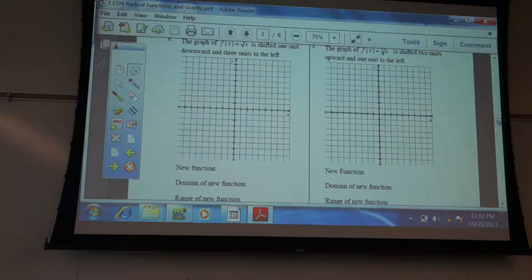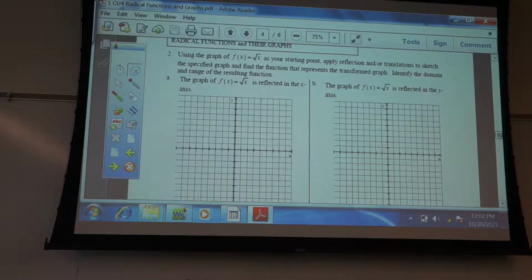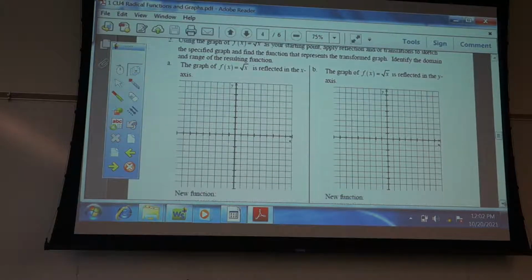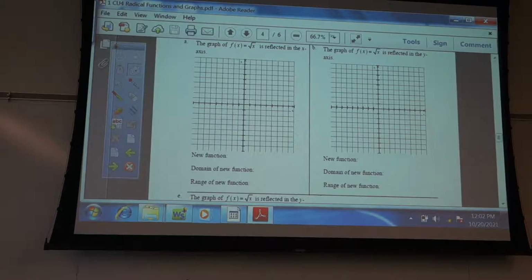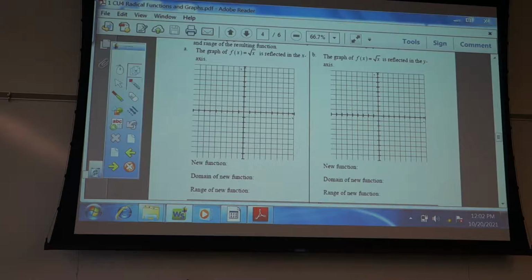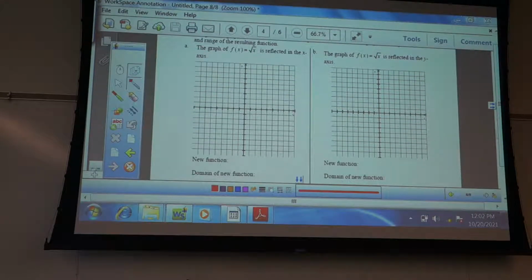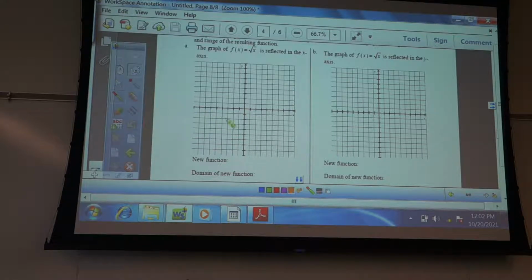Okay. Let's move on to the reflection. So we're going to reflect this in the x-axis. The x-axis is this one right here, right?